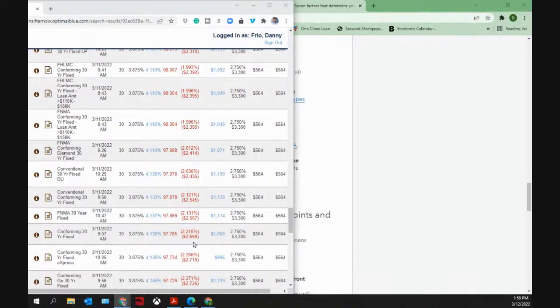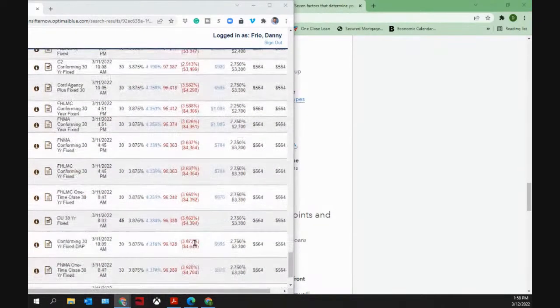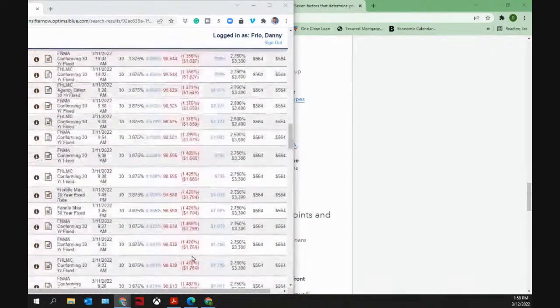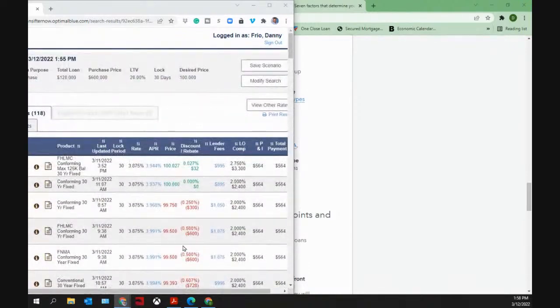They would charge you $2,658. And it even goes further down through here. This bottom one, this is the last one down here, it would cost you $5,528 to get the exact same thing as this company is willing to give you at 3.875.